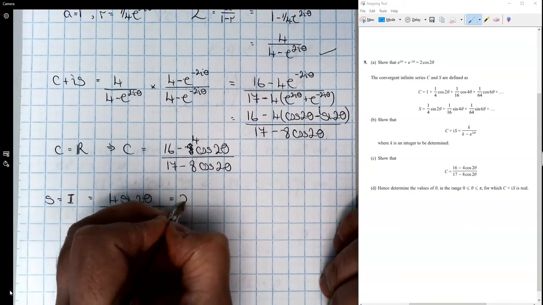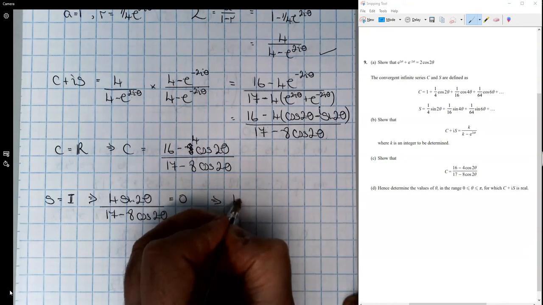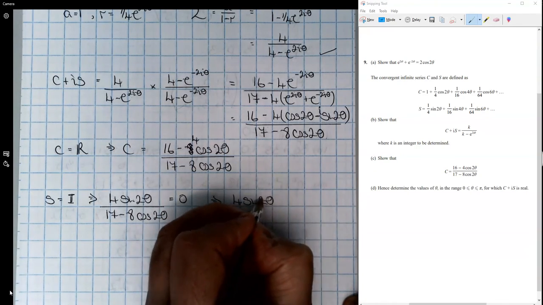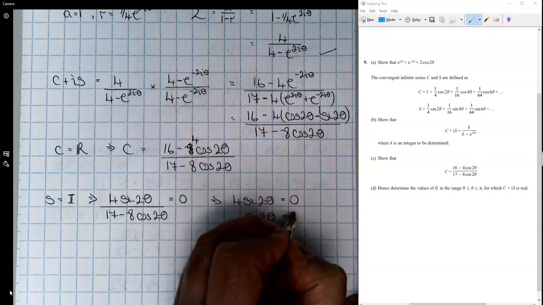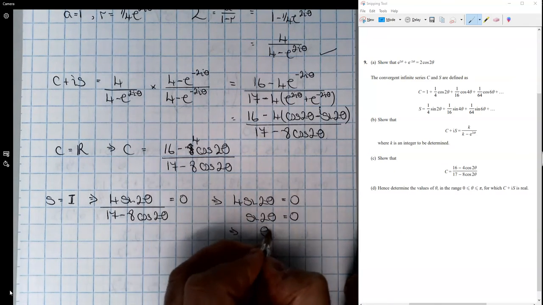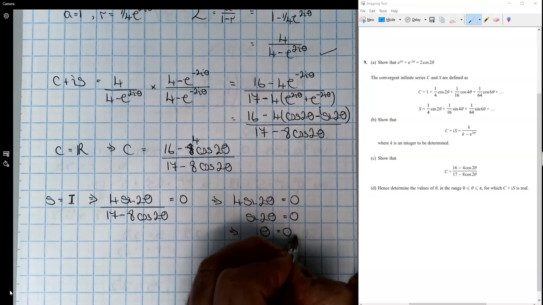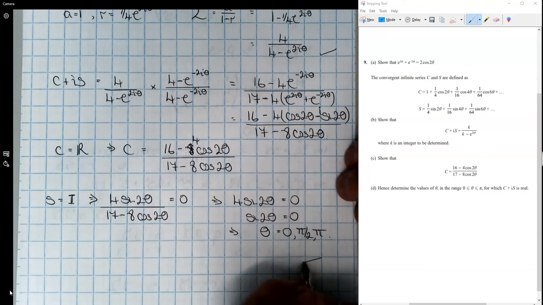So that equals 0. So therefore, 4 sine 2 theta equals 0. Sine 2 theta equals 0. So therefore, finally, theta equals 0, pi by 2, or pi, within the range we're given.